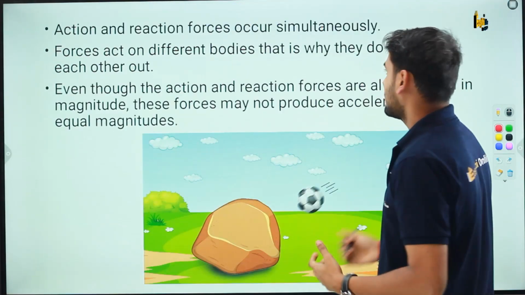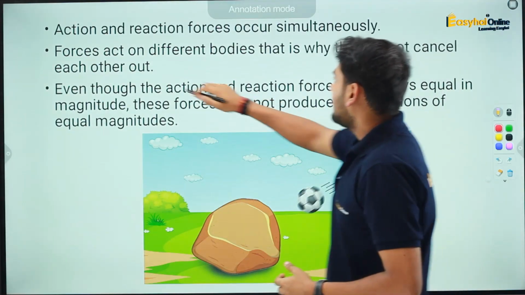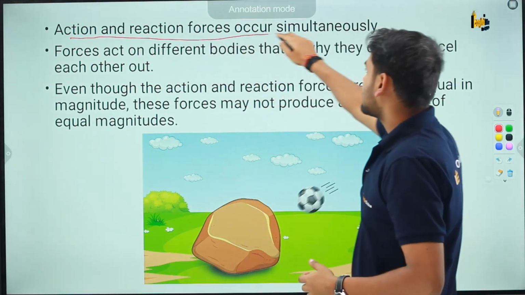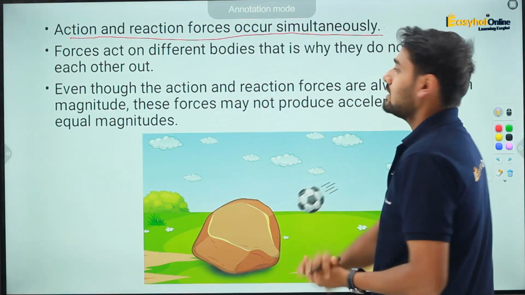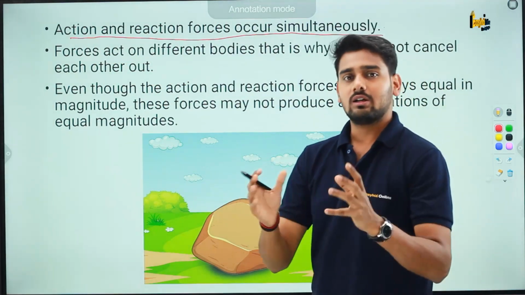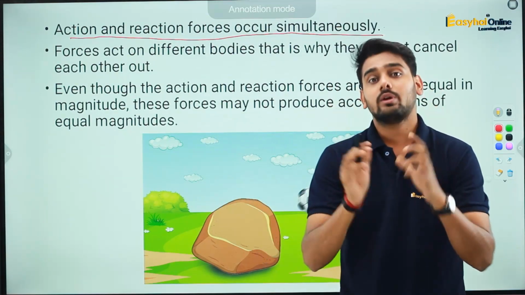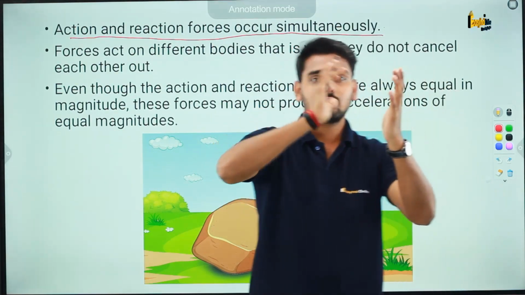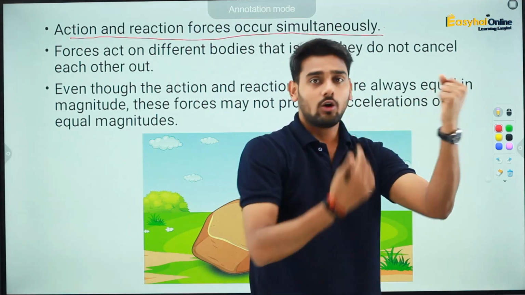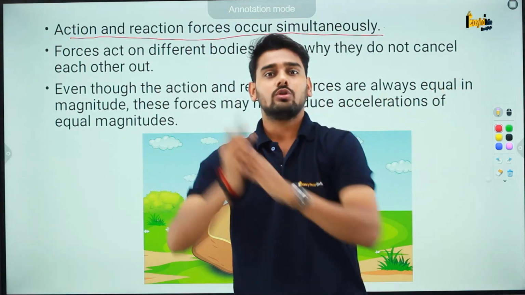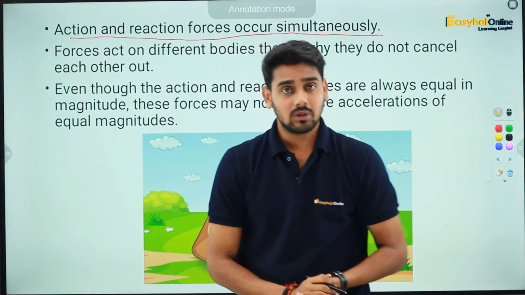So here, action and reaction forces, this is the answer to the second question, they occur simultaneously. Action and reaction forces, there is zero time delay. As soon as you start to push on some object, that object in return starts to push on you as well. So this is the meaning of the law.